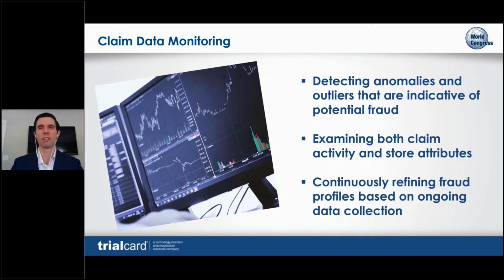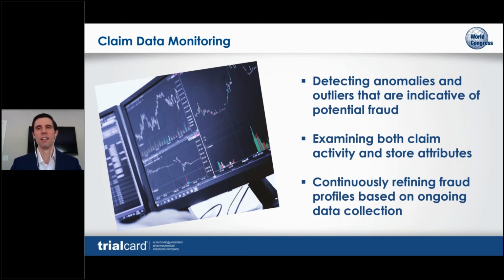In our case, on a daily basis, we have a series of algorithms that run. They evaluate all the claims processed that day, and they look for a number of different criteria. The middle bullet there is something I really wanted to key in on, because you need to examine both claim activity as well as attributes of where that activity is happening.